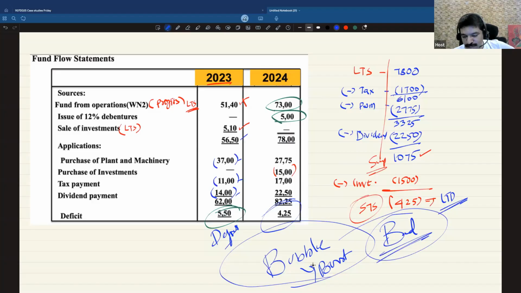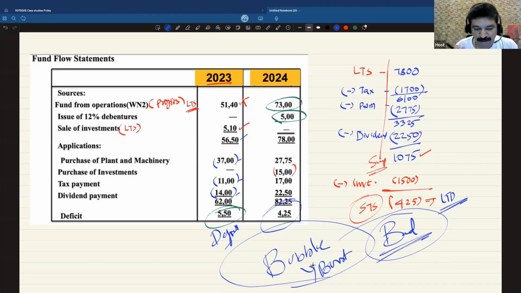And they will use the fund flow statement as a precautionary tool, especially if they want to avoid certain borrowers. They'll use the fund flow statement, because it will give you the picture in a much deeper sense with significant clarity. Okay, so that's the very purpose of the fund flow statement.